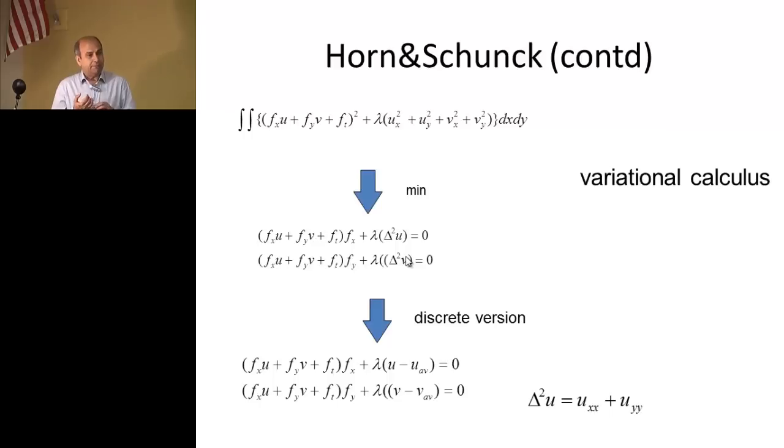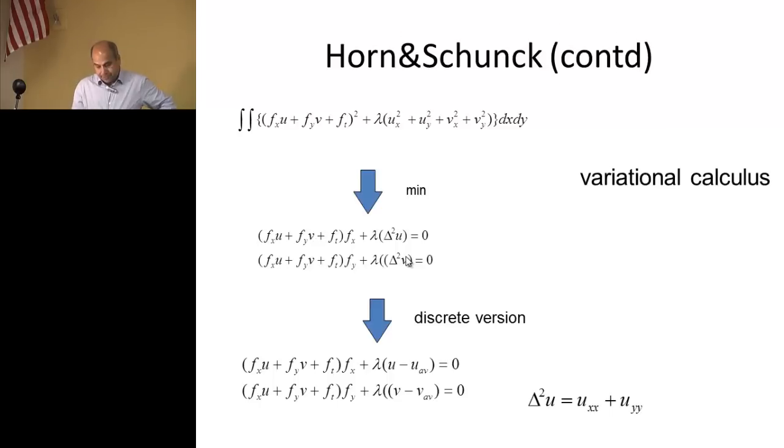So we know everything. We can compute fx, fy, ft at every pixel. u and v are unknown, that's what we compute. And u average, for a given pixel, we look at the left neighbor, right neighbor, top and bottom, sum them up, and divide by 4. That's u average, and then u is what we want to compute.